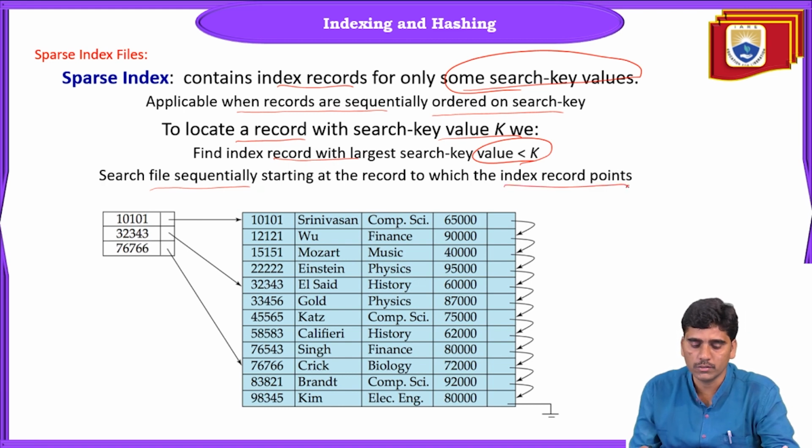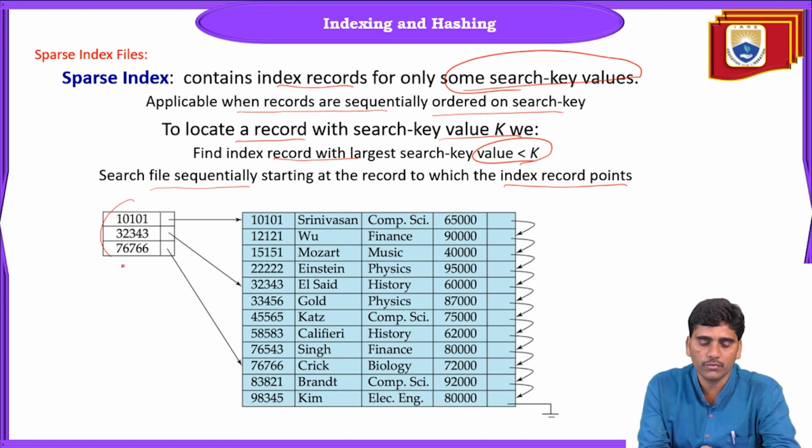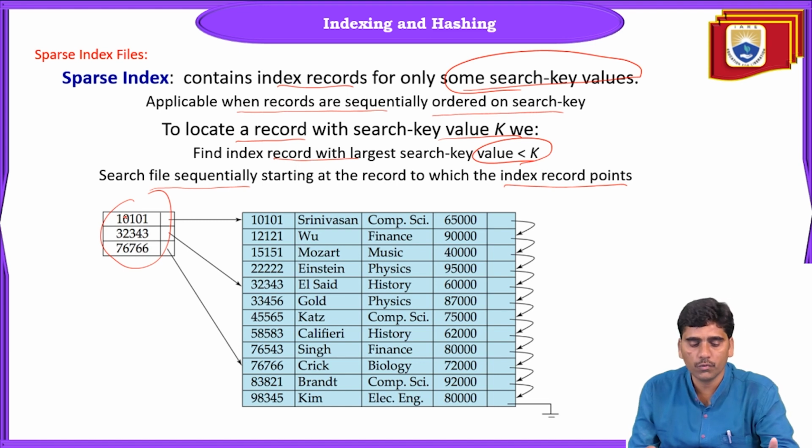What does it point to? 10101. So we are taking index records only for three: 10101, 32343, and 76766. Only these three indexes are finding the records based on their search key values.